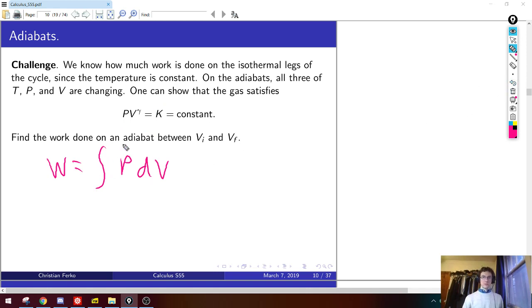But what we can do is solve this equation for pressure as a function of volume and plug that into the work formula, right? Okay, so if I do that, what do I get by solving this guy at the top? P equals K over V to the power of something, probably gamma.